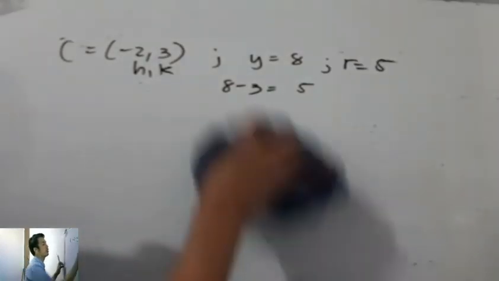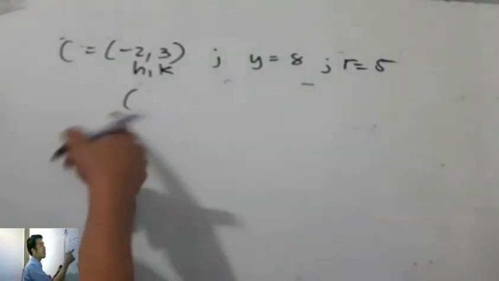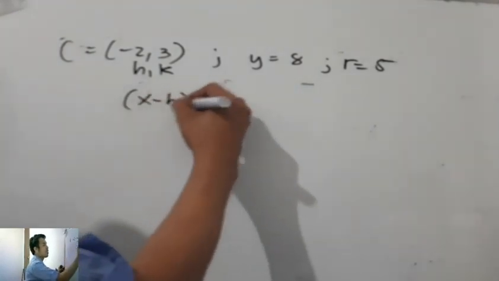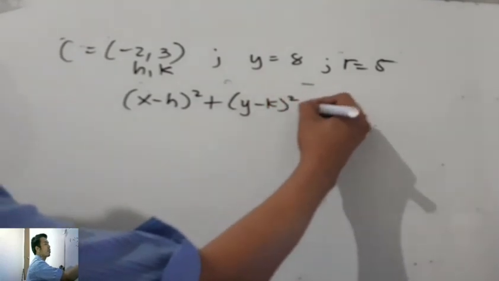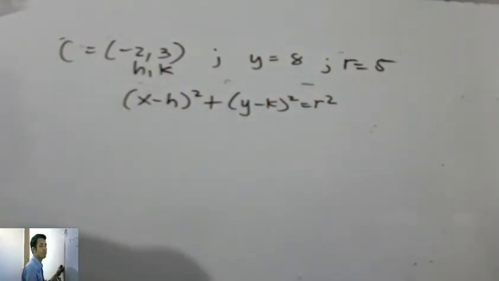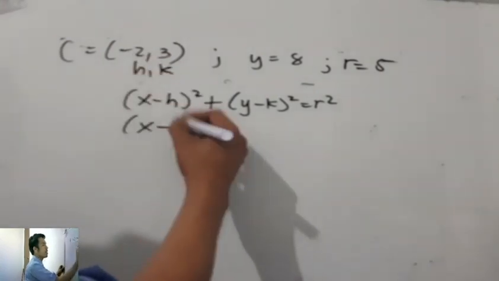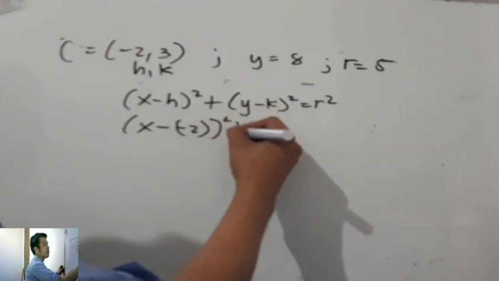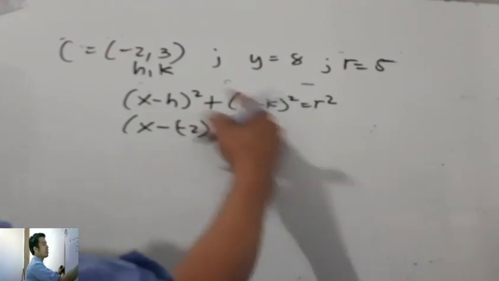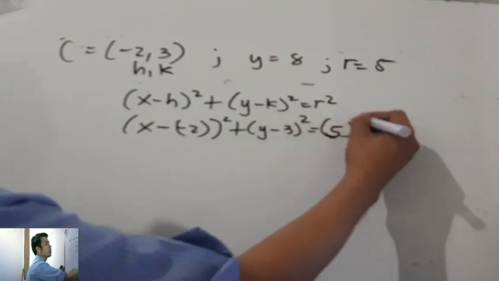And then substitute into the standard formula: the quantity x minus h squared plus the quantity y minus k squared is equal to r squared. Substituting, we have x minus negative 2 squared plus y minus 3 squared is equal to 5 squared.